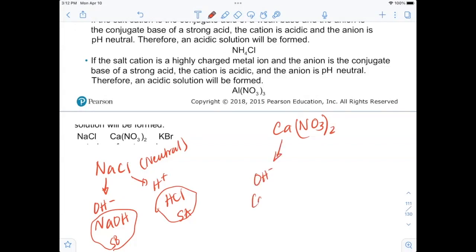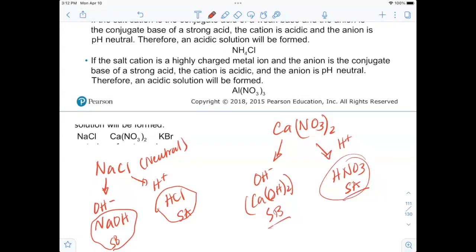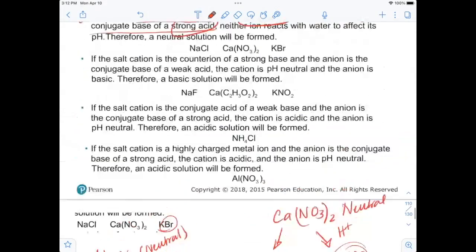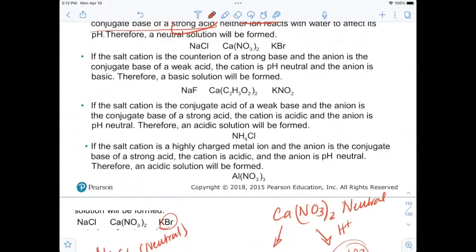Add the OH minus, you get calcium hydroxide. So go back to the lesson. You can see this is actually a strong base. Add the hydrogen ion, this is going to be nitric acid, a strong acid. You end up with strong base, strong acid, neutral. And that's true of this one too, right? So I won't do that one because I feel like I'm overstretching this lesson.